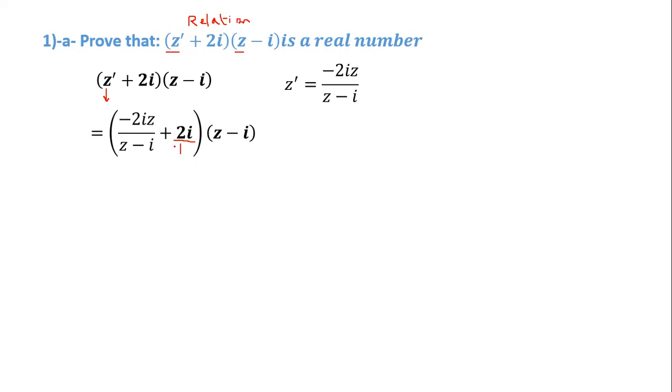In order to add two fractions, we have to take a common denominator, multiplying here by z minus i and multiplying the numerator by z minus i.